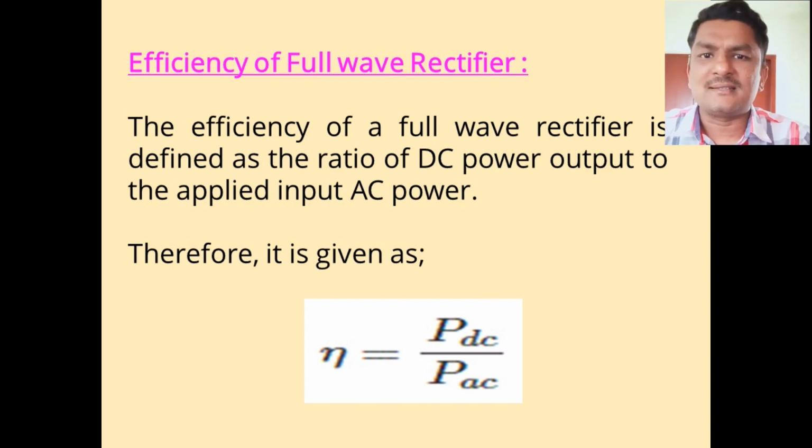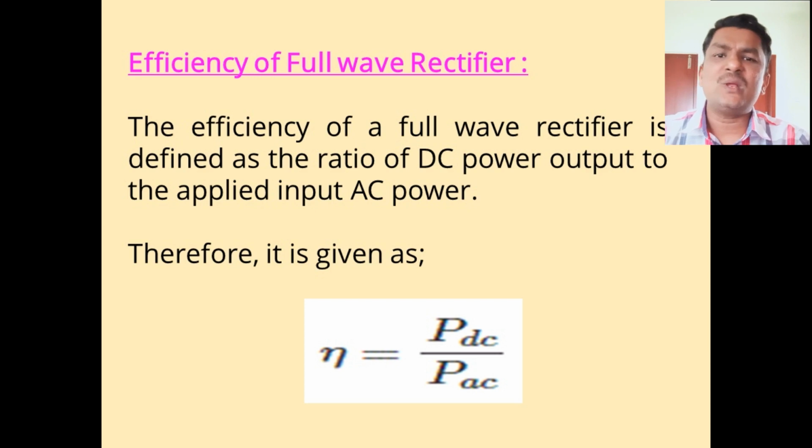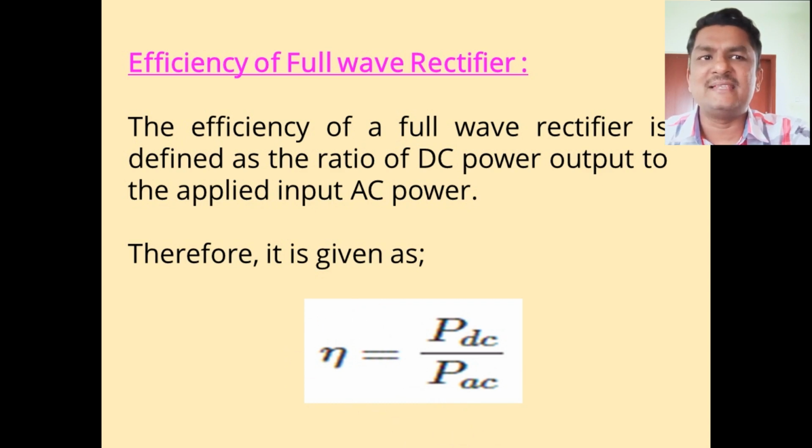Next, a PN junction diode can also be used as a full-wave rectifier. The efficiency of full-wave rectifier is also defined as the ratio of DC output power to the input AC power. So efficiency eta is given by P DC divided by P AC.